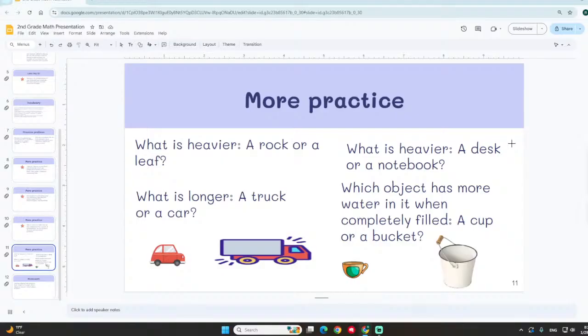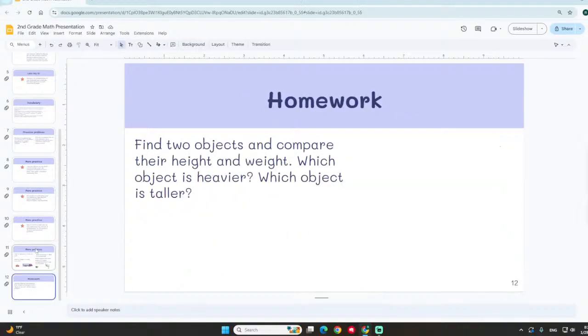Yep, the bucket has more water when it is completely filled than the cup, because a bucket can hold a lot of water, while a cup doesn't hold as much water. So we'll say the bucket has more water in it than the cup, or the cup has less water than the bucket.